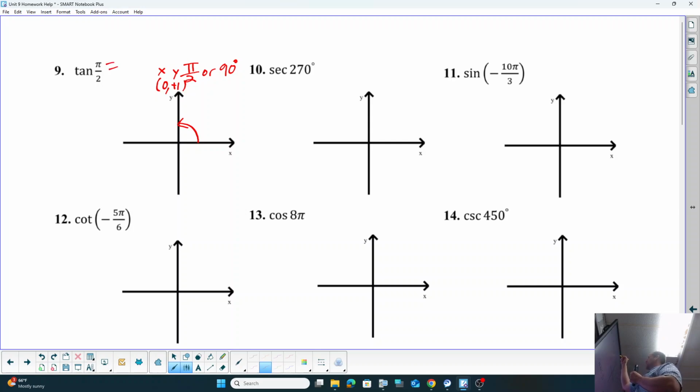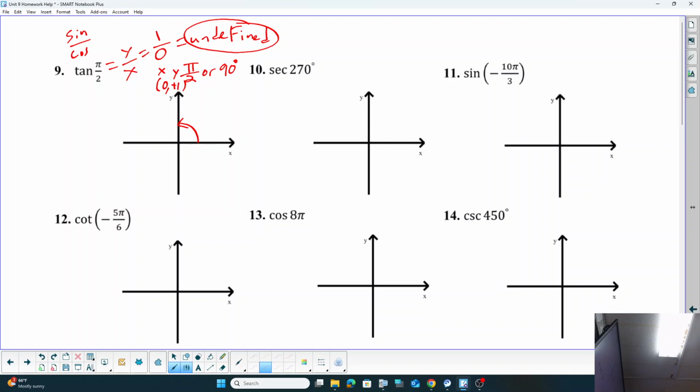And so tangent is going to be what? Y over x, because it's sine over cosine. So that's going to be 1 over 0, which is undefined.